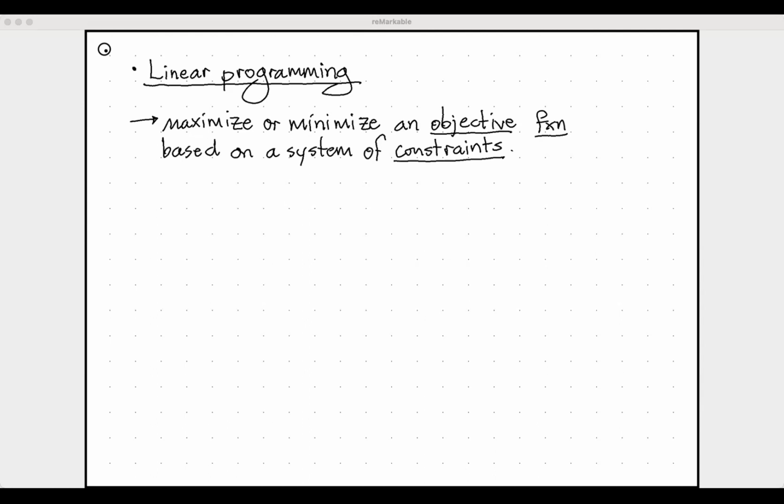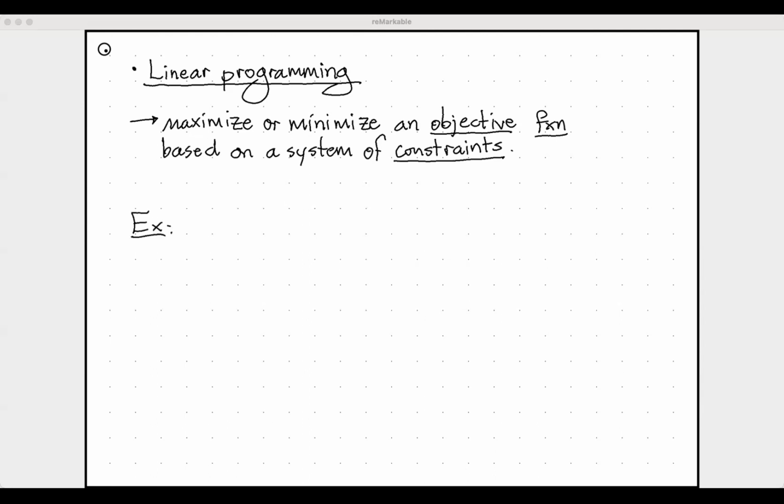So the constraints are going to be a system of linear inequalities, and then the objective function will just be some function that I can plug x and y into and get a value out the other end. So the best way to show this is just with an example.